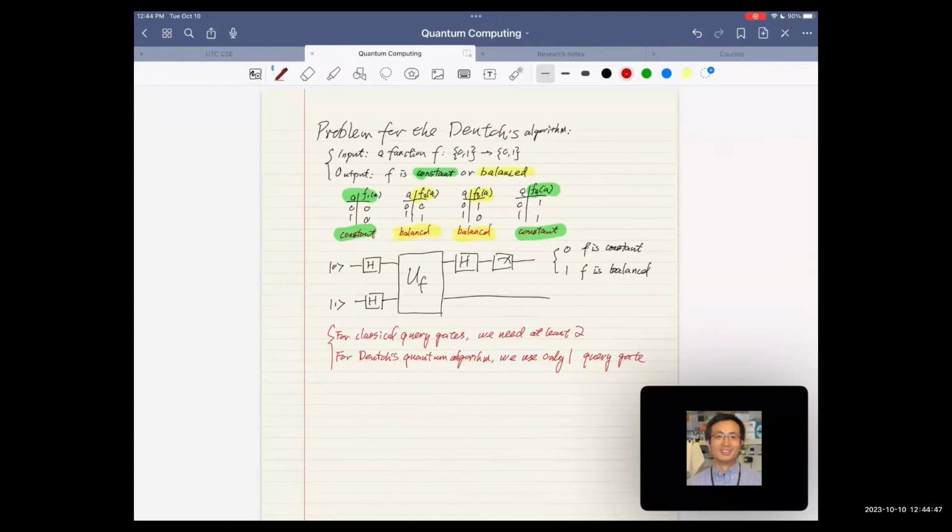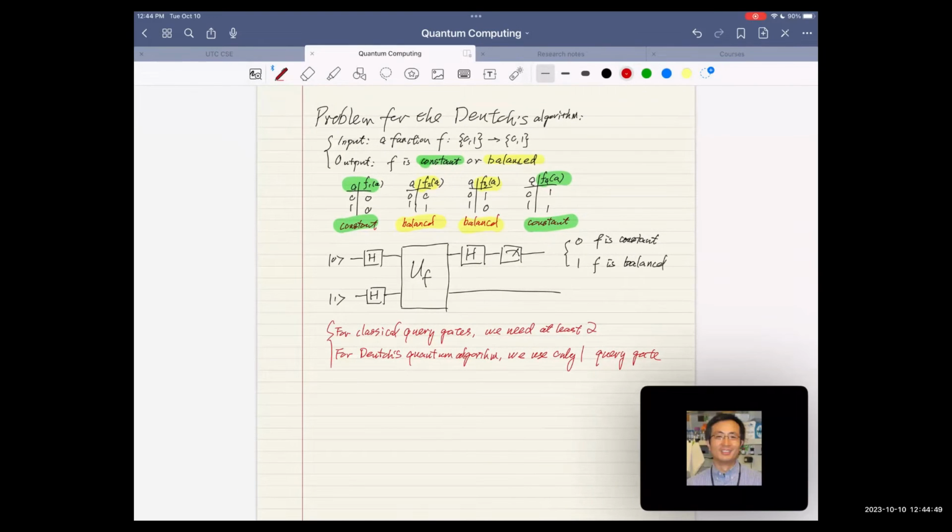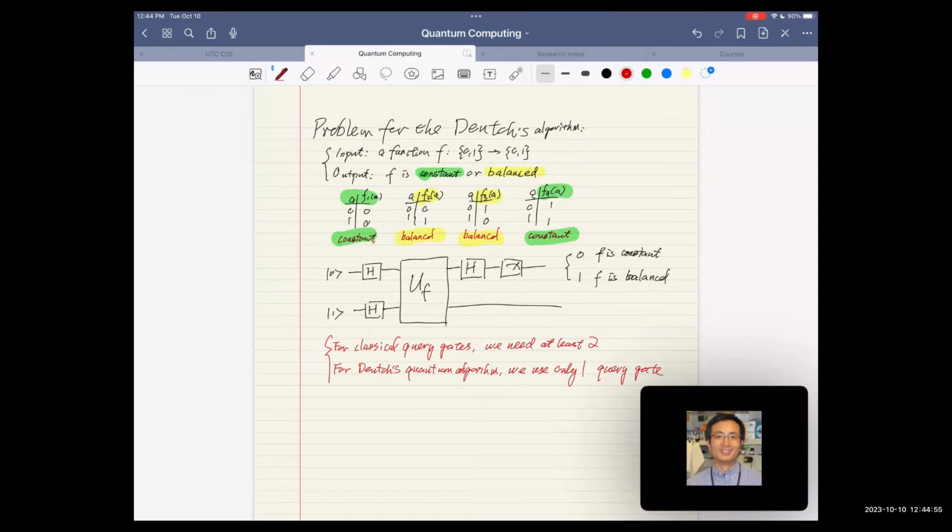So I'm trying to emphasize this part. This is why people think the Deutsch algorithm is important, just my understanding. In the Deutsch algorithm, we apply this 1 quantum query gate.